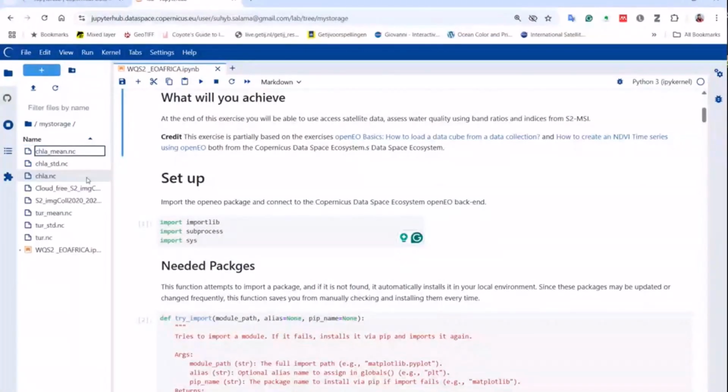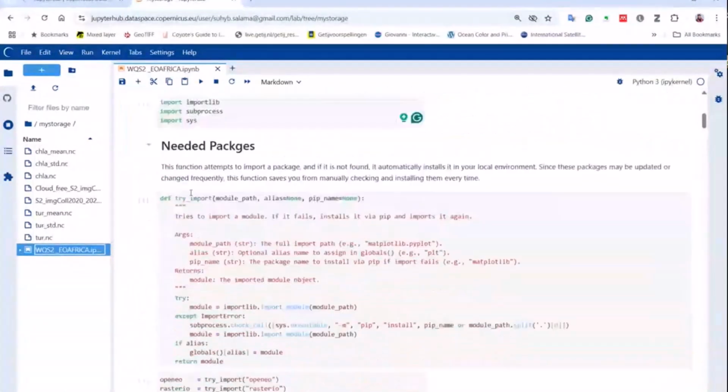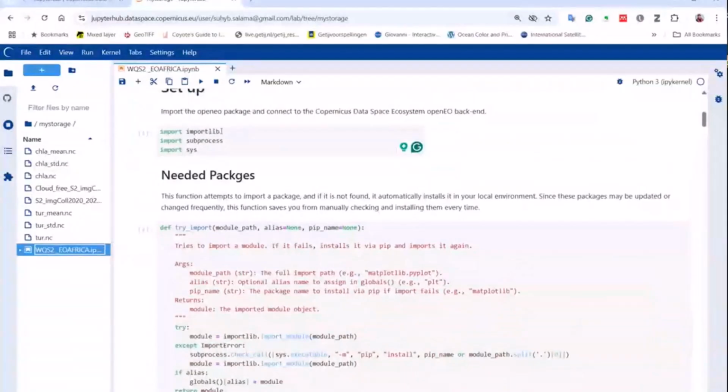I will just go to my storage, and here I have a small workflow that implements a few steps to reach an index that could give me an idea about the severity and the timing of a pollution event. First of all, we have to import the libraries.